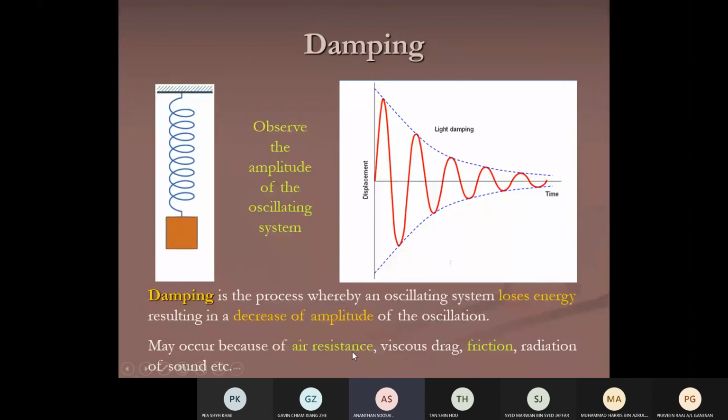All these lose energy and cause it to damp. So what does damping mean? It's a type of oscillation where the oscillating system loses energy, resulting in a decrease in amplitude.